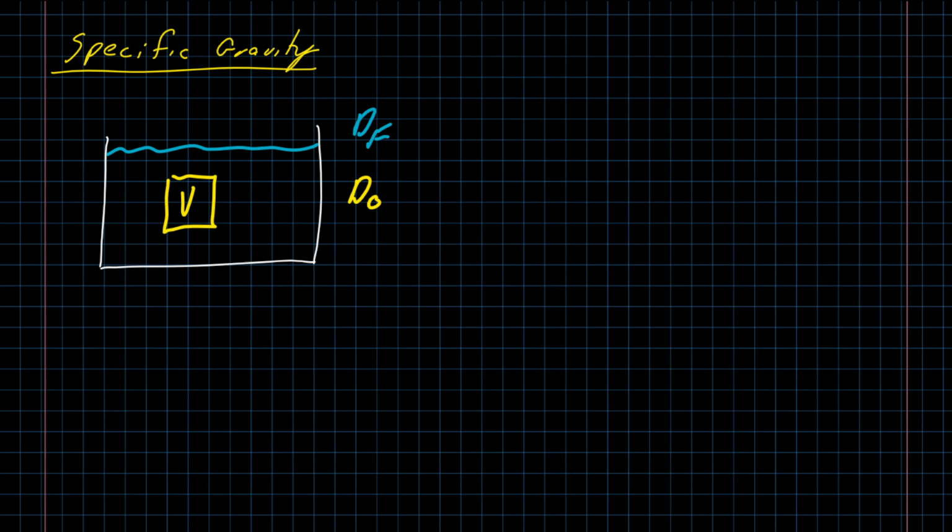Well, if the volume of that container is V, then the mass of the fluid that has been displaced is the density of the fluid times V. And of course, the mass of the vessel itself is d0 times V. Then from here, buoyancy force is the weight of the displaced fluid.